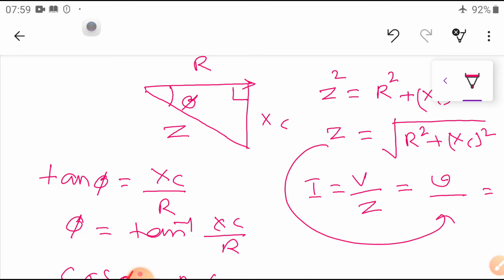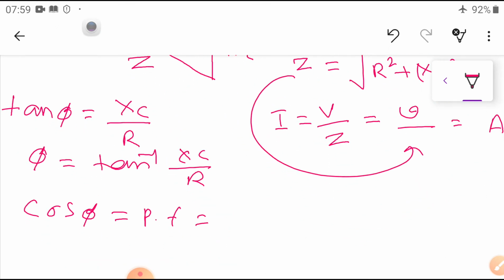Cos φ is R by Z. Similarly, I can get R by Z as the power factor. So this is the similar procedure when resistance and capacitance are connected, and when resistance and inductance are connected.